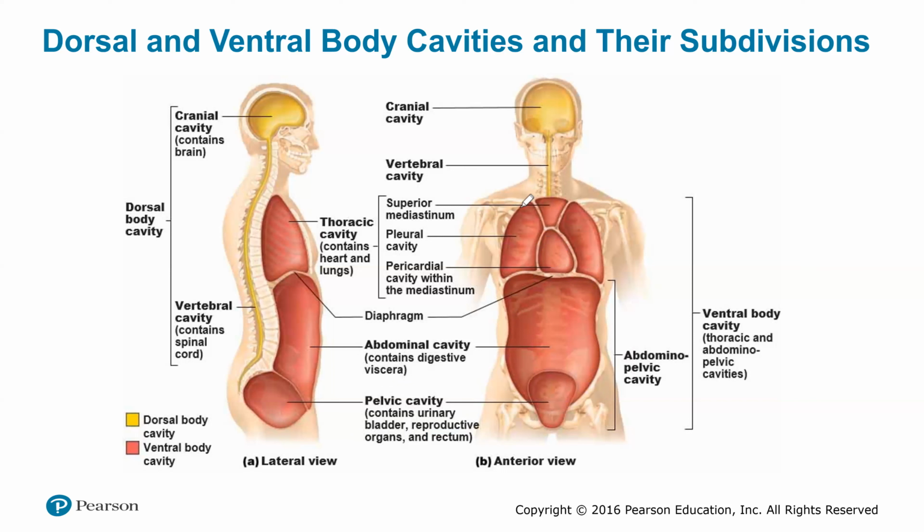Now, all these cavities are covered by membrane. It's all serous membrane, right? So all these cavities are covered by serous membrane, and all the organs inside are covered by serous membrane too. But this serous membrane has different names. If it covers your lungs and pleural cavity, we call it pleura.